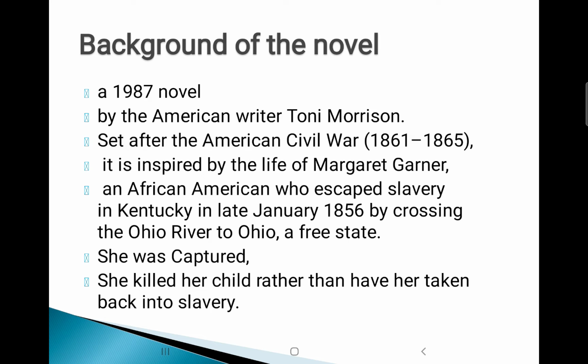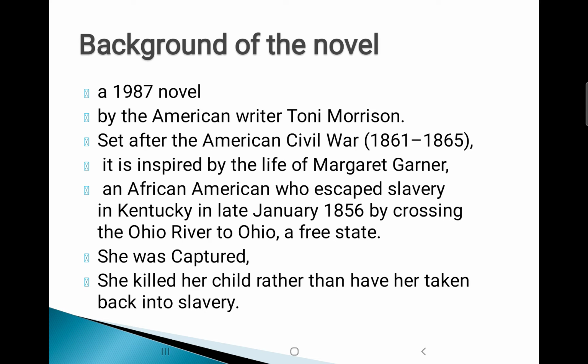She was an African American who escaped slavery in Kentucky in late January 1856 by crossing the Ohio River to Ohio, a free state. But unfortunately, she was captured, and during this process, she killed her child rather than have her taken back into slavery. So, this is the background of the novel.